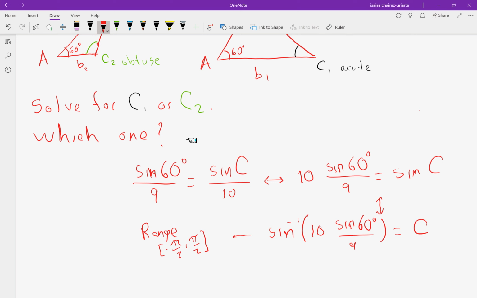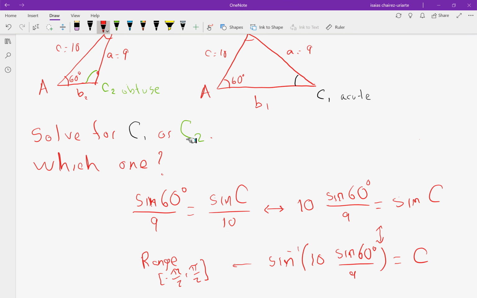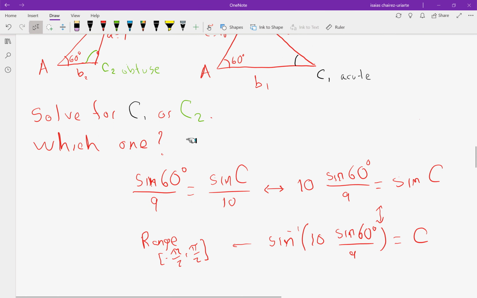So that's quadrant 1 and quadrant 4. Right now we're looking for an obtuse angle or an acute angle. And remember, sine inverse gives you things that end up in quadrant 1 or in quadrant 4. So which one do you think we're going to end up finding, C1 or C2?